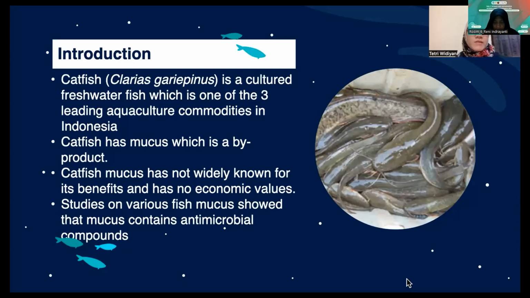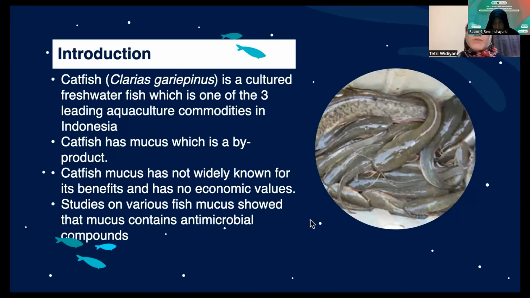Studies on various fish mucus showed that mucus contains antimicrobial compounds. They are potentially developed and applied in human health and aquaculture. However, study on Indonesian catfish mucus, or Clarias gariepinus, has not been carried out comprehensively.